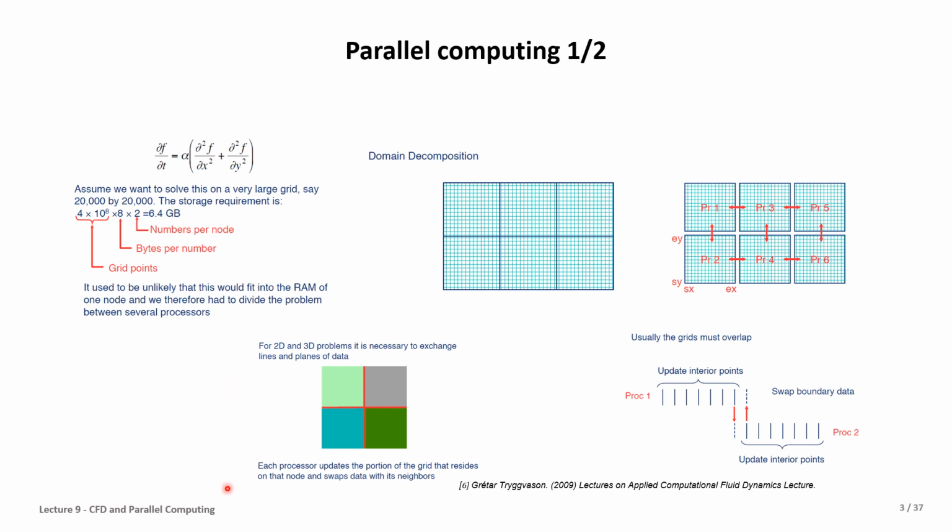Each processor updates the portion of the grid that resides on that node and swaps data with the neighbors. However, usually the grids must have an overlap because they take some updated information from the neighbor grids. And this is a very simple presentation of parallel computing for the domain in CFD.